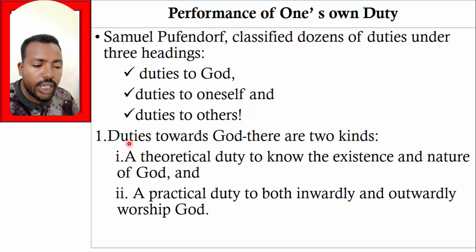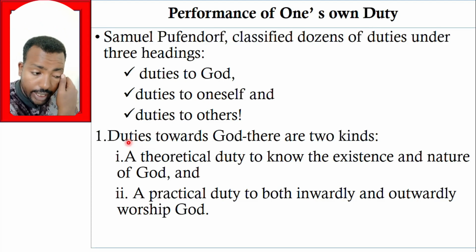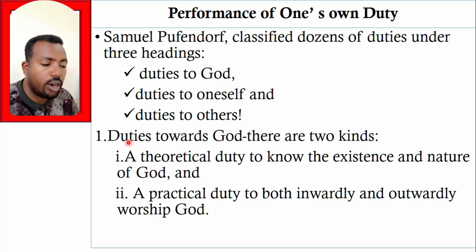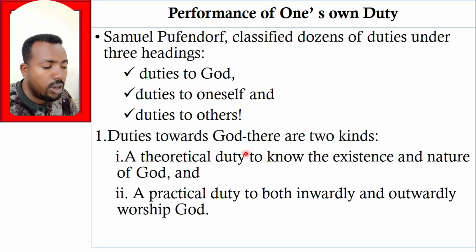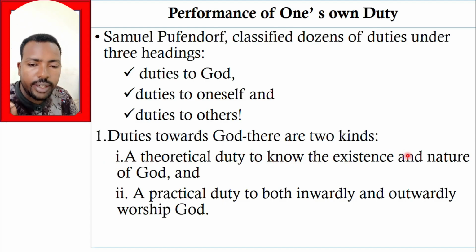Number one is duty towards God. There are two kinds of duty that we see here. Number one is a theoretical duty to know the existence and nature of God.